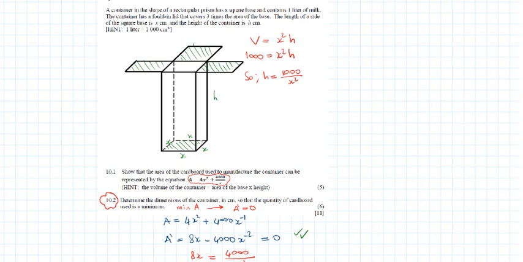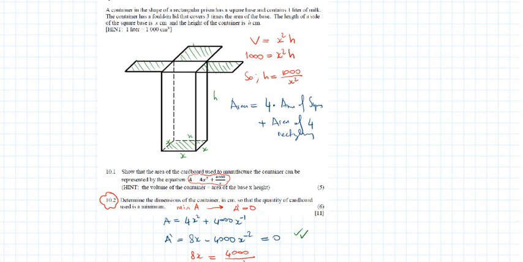So the area will be 4 times x squared, plus, we can just say 4 times the area of squares plus the area of 4 rectangles. The 4 rectangles have the same area as well, x times h.